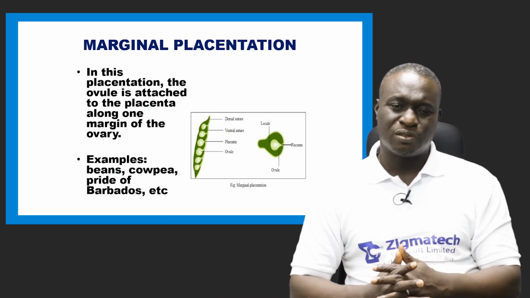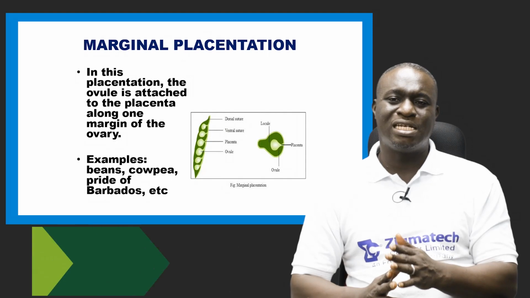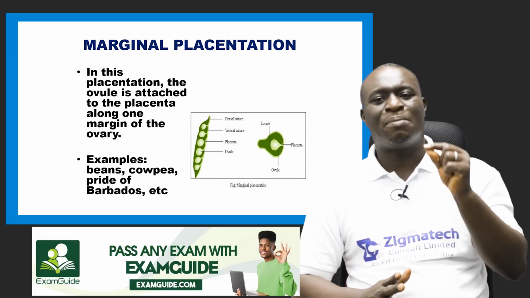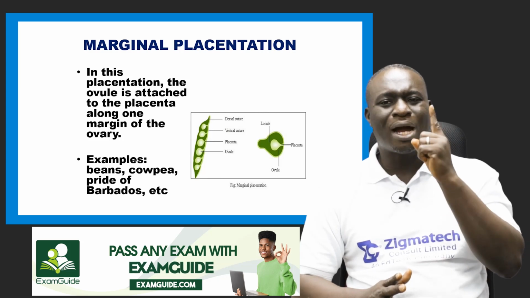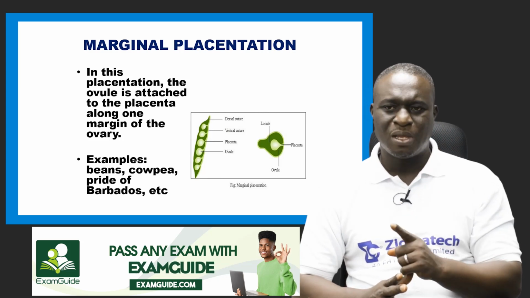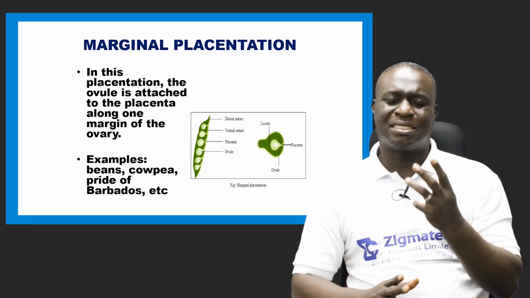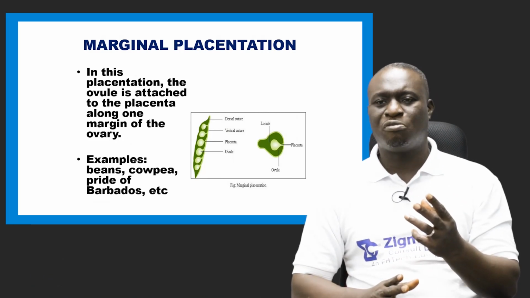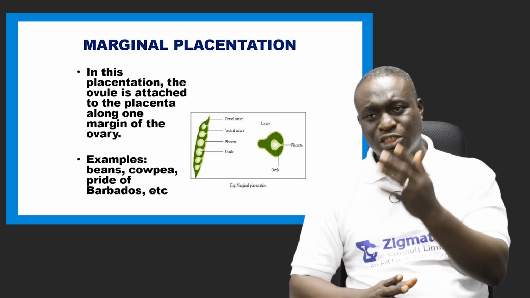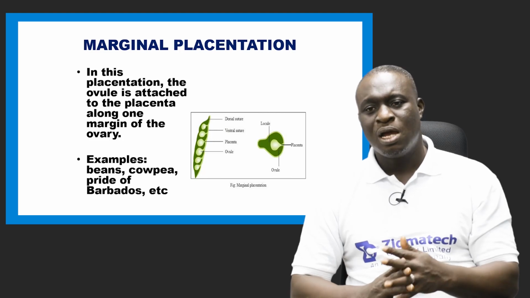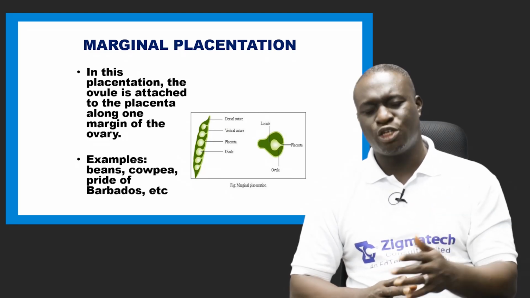Marginal placentation. In this placentation, the ovule is attached to the placenta along one margin of the ovary. An example of plants with marginal placentation includes most of the legumes.